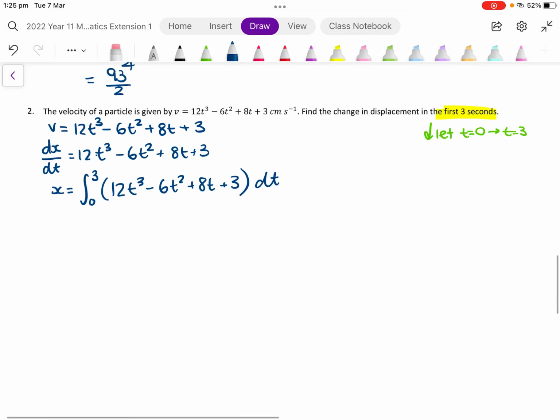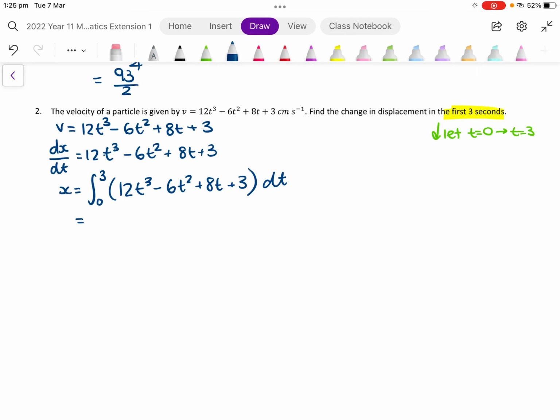So now we need to integrate this. So the antiderivative of 12t cubed is a quarter times 12t to the power of 4 minus a third times 6t to the power of 3 plus a half times 8t squared plus 3t.